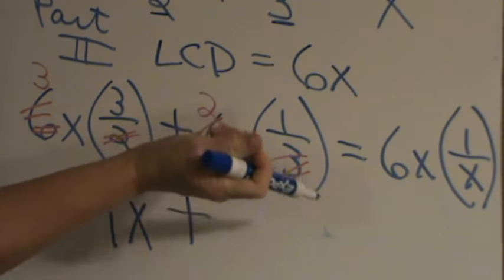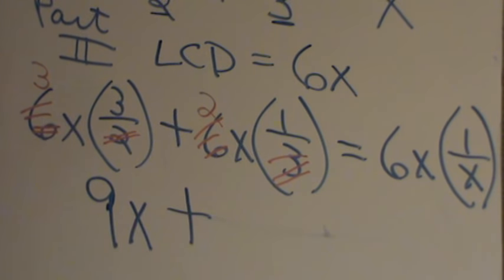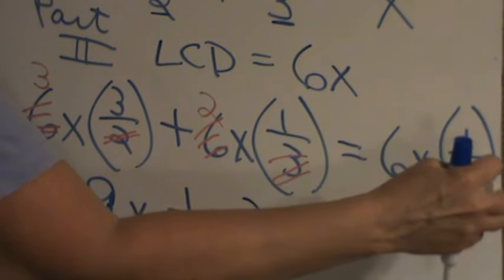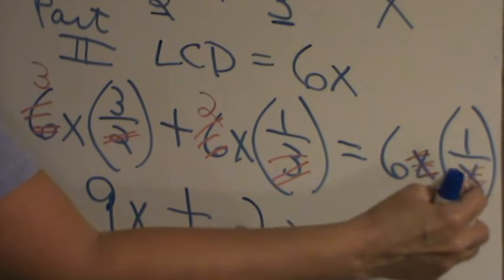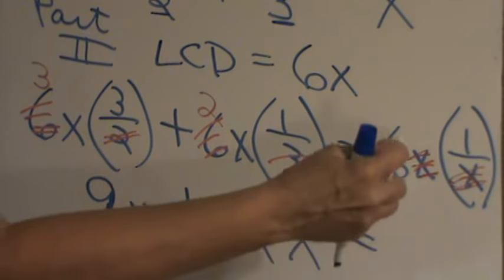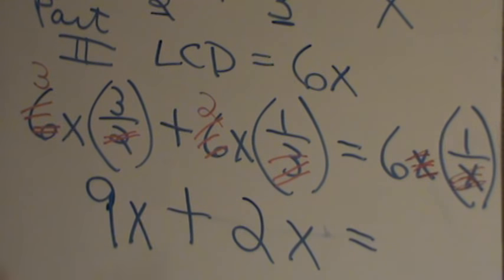So now we just have a 2x times 1, which is 2x. Over here, the x will divide into a 6x. The x's cancel out and just leaves a 6. 6 times 1 is 6.